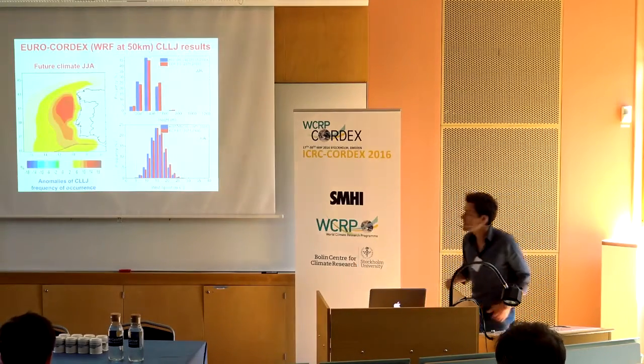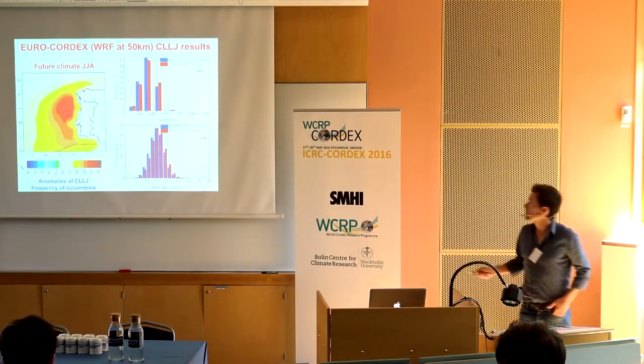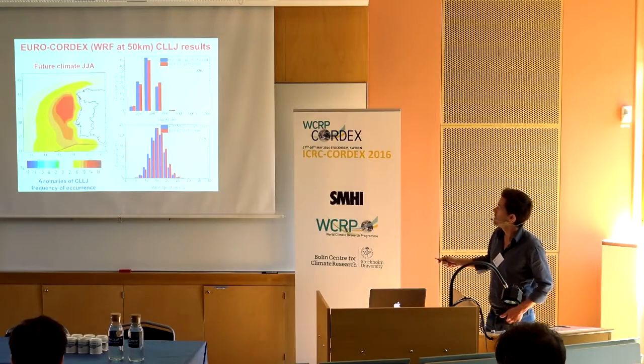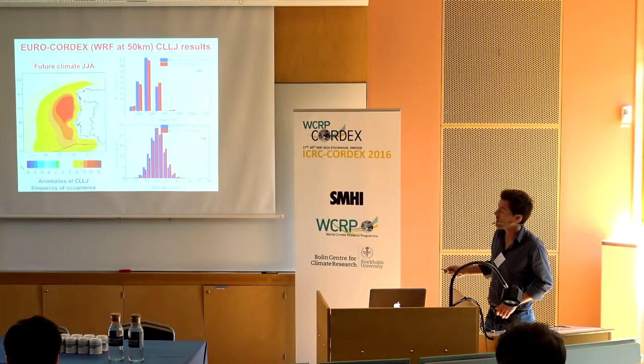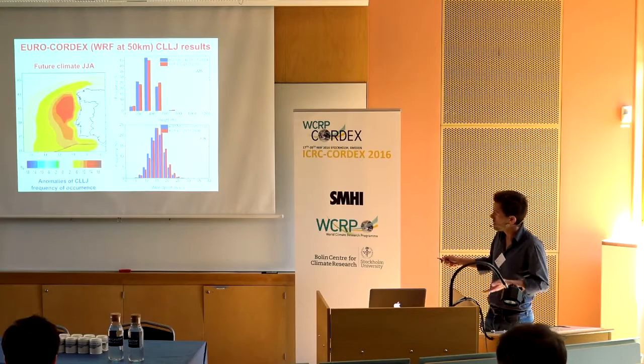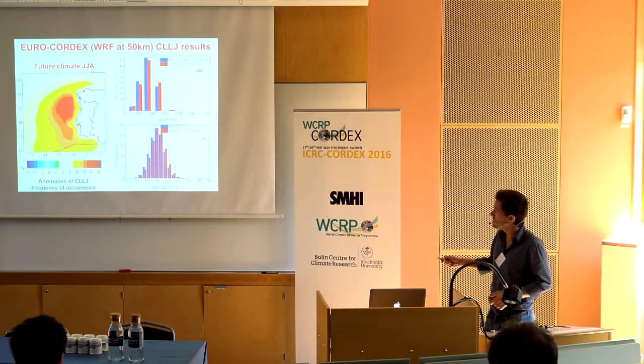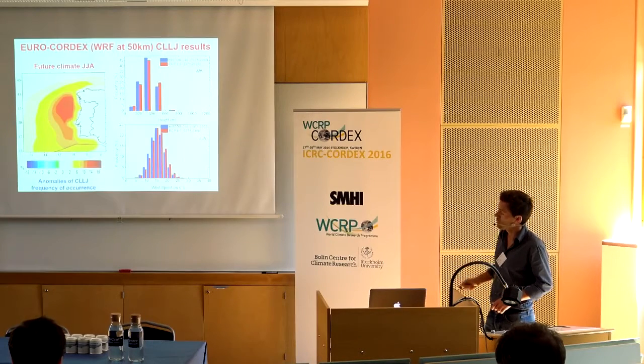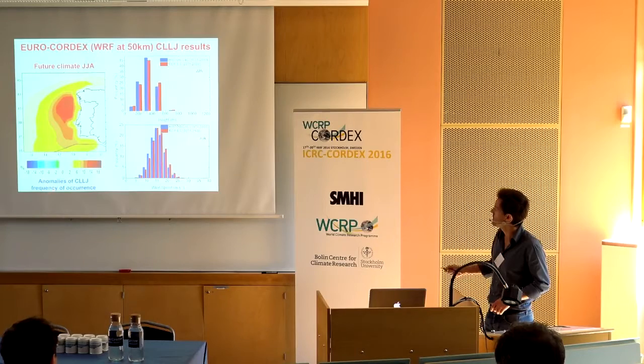For future climate, according to RCP 8.5, what we see here is a big increase of the frequency of occurrence, and this increase is mostly in the northwest, but in the full coast we have increases of 10%, a bit in line with ICRC, but in the northwest of Iberia this increase is over 16%.